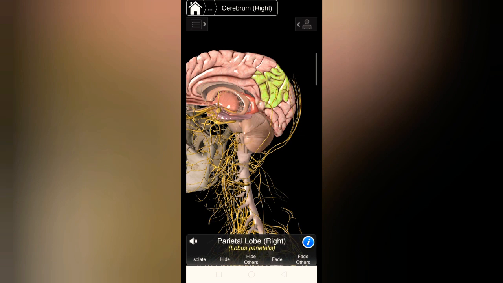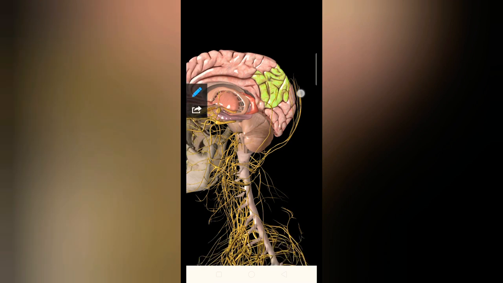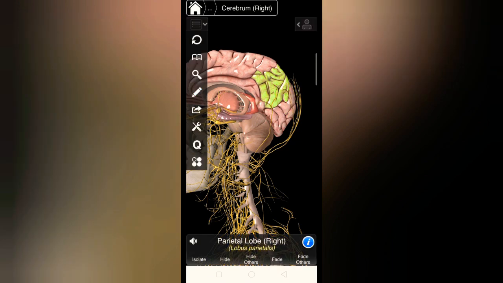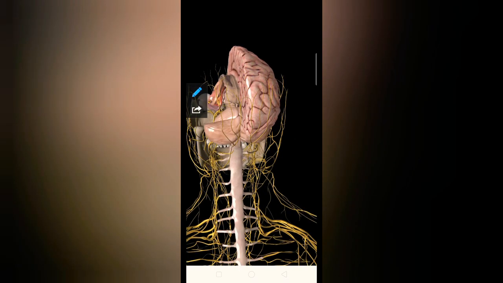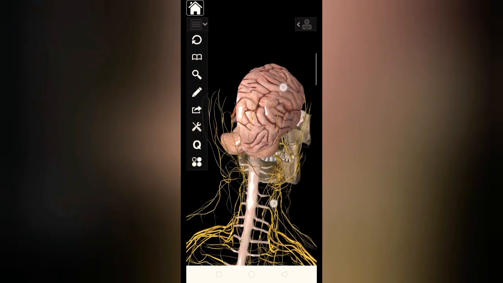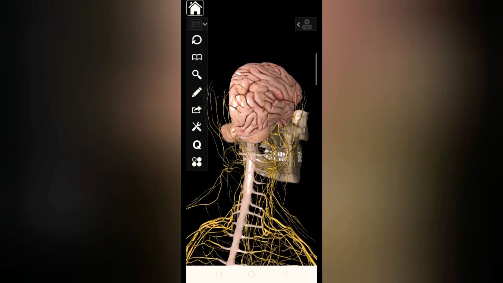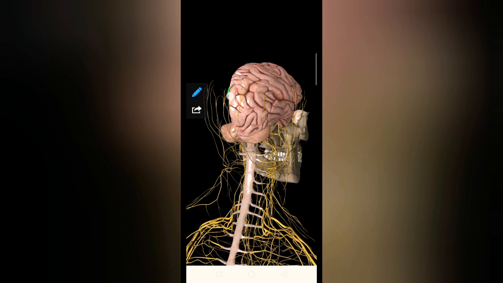As I told you about the poles, this is our occipital pole. The pre-occipital notch is 5 centimeter in front of the occipital pole. So this is our pre-occipital notch.